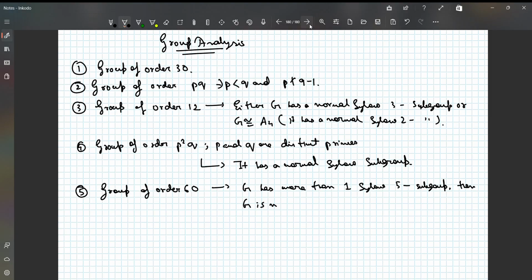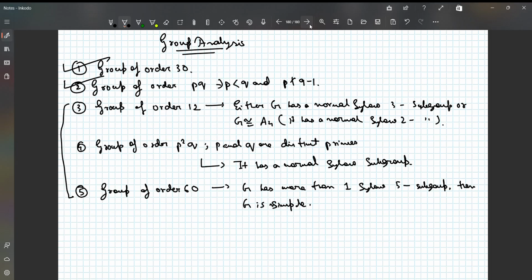That is, G has no non-trivial normal subgroup. But for these three group analyses, these two group analyses are essentially required. So please go and have a look in the previous lecture and then come to this lecture. Then you will have a better understanding of what I'm going to say throughout.